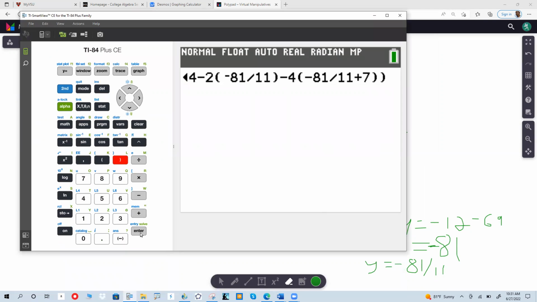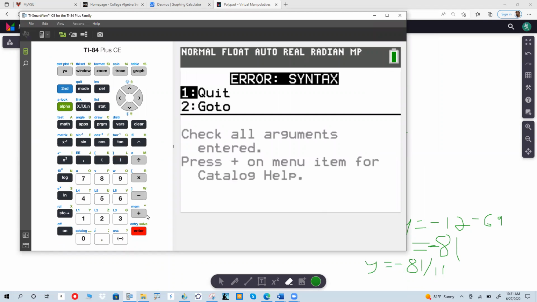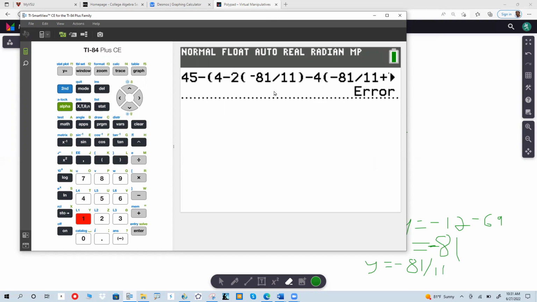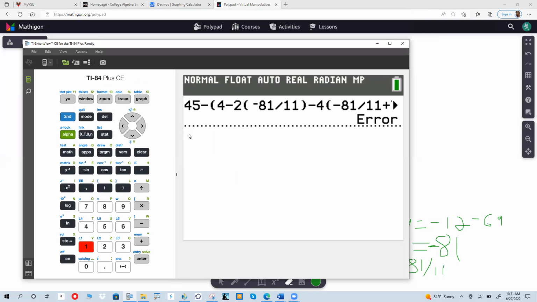That means you didn't enter things right. Let's see what I did. Yeah, this thing can be so messy. 45 minus 4. 45 minus. Let me double check.